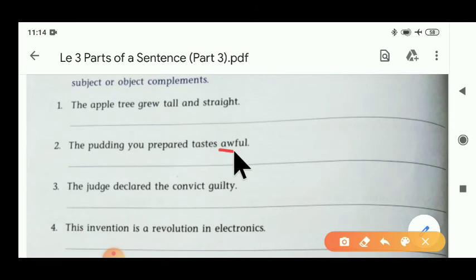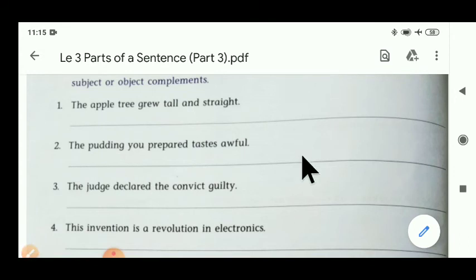The word awful is used to describe taste. So taste is the object of that sentence. So here awful becomes the object complement. Can you understand now, students? So the answer becomes awful, object complement.